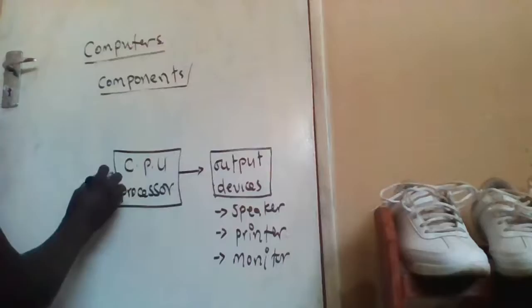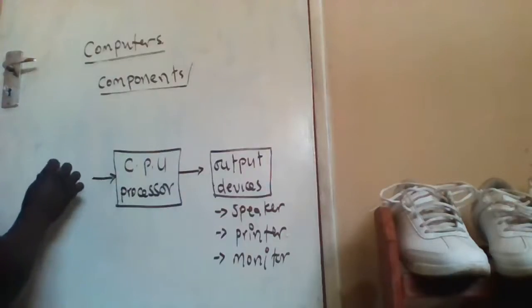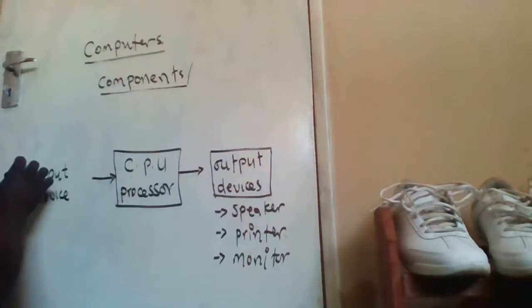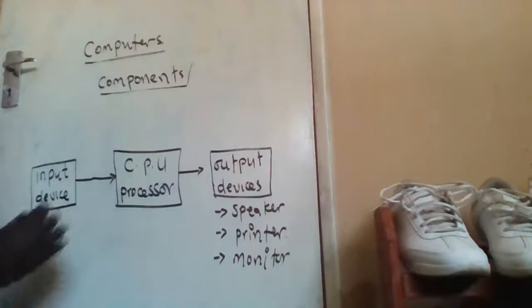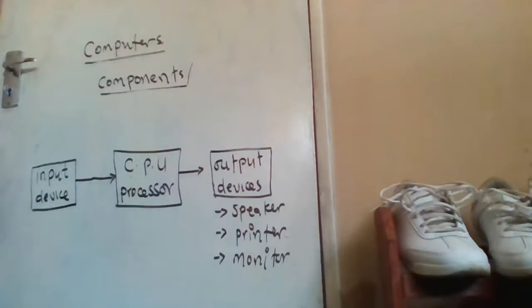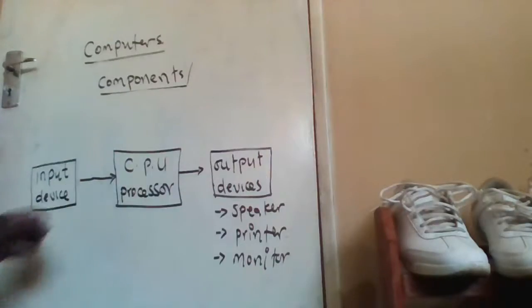The other one which you can look at is that which brings the information inside: input. That device, we're going to call it input device. This time around, we're talking about components that are devices able to get information from the outside world and bring it inside the CPU.